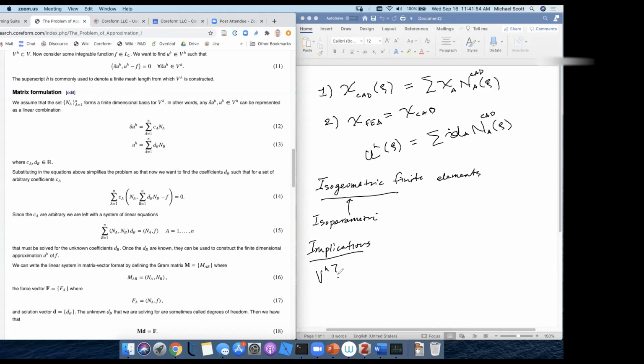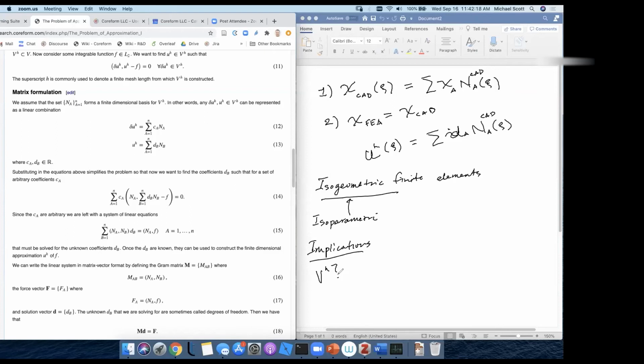How am I going to define my solution space in an isogeometric method? Oh, it depends on what the space is for CAD, right?